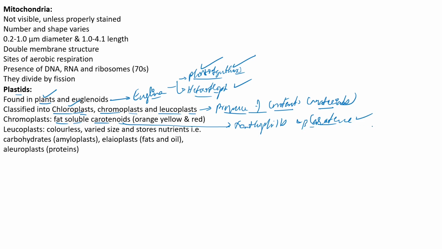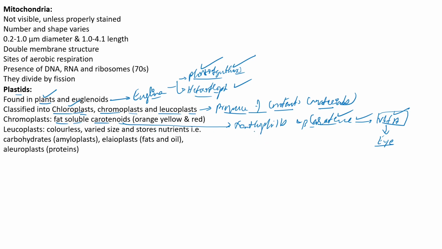This carotene is used for the production of vitamin A, and vitamin A, as we all know, is required for the eye. For good vision we require vitamin A, and vitamin A is ultimately produced from the carotene. This is an idea of what we know about the carotenoids.